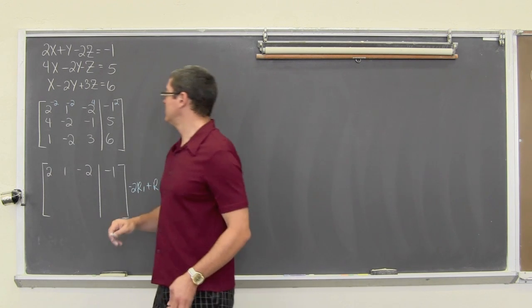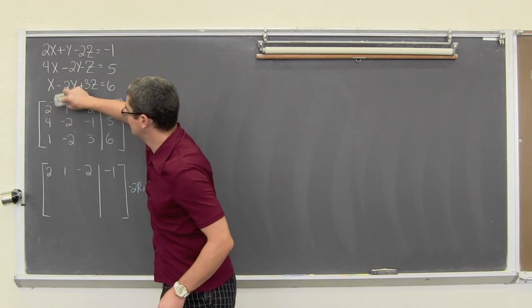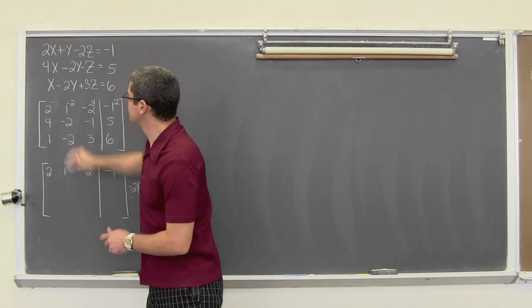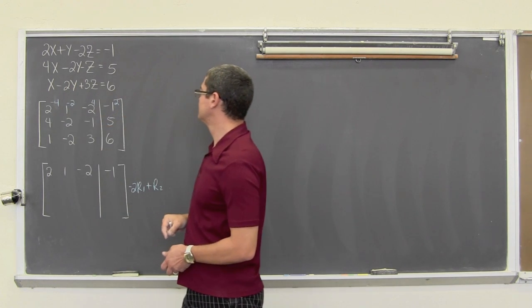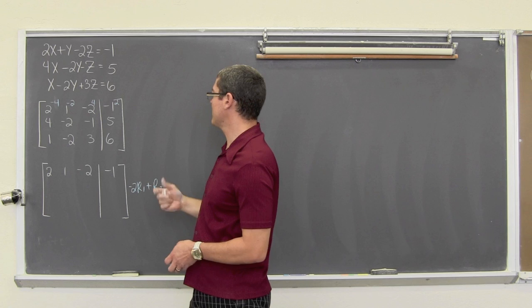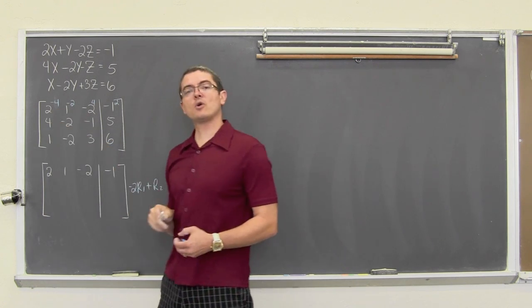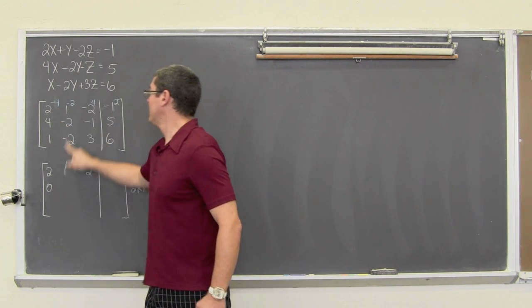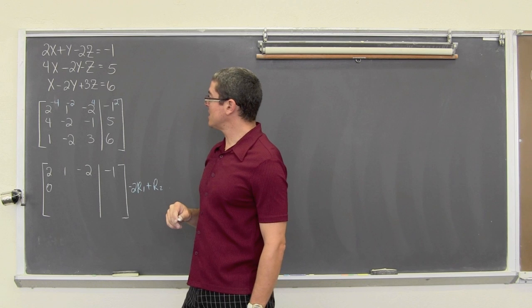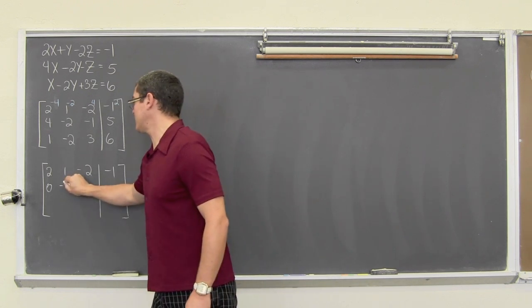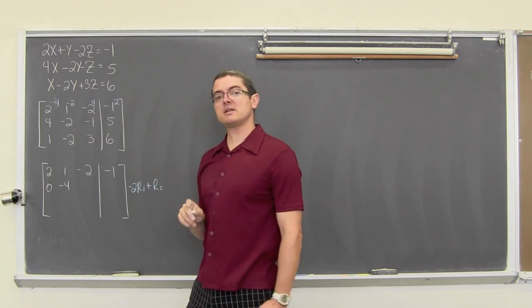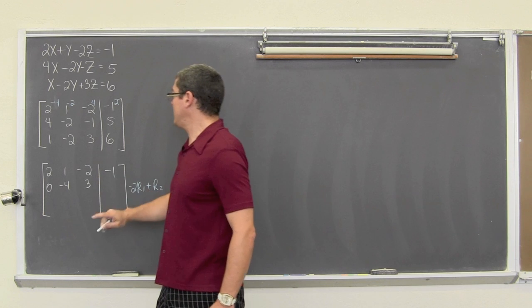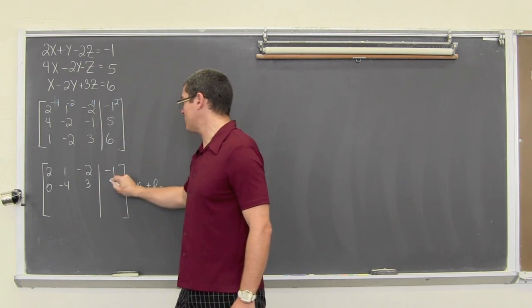Oh, excuse me, it should be -4. Okay, I did all my other multiplications correctly. So -4 plus 4 is equal to 0. -2 plus -2 is equal to -4. 4 plus -1 is equal to 3. And 2 plus 5 is equal to 7.